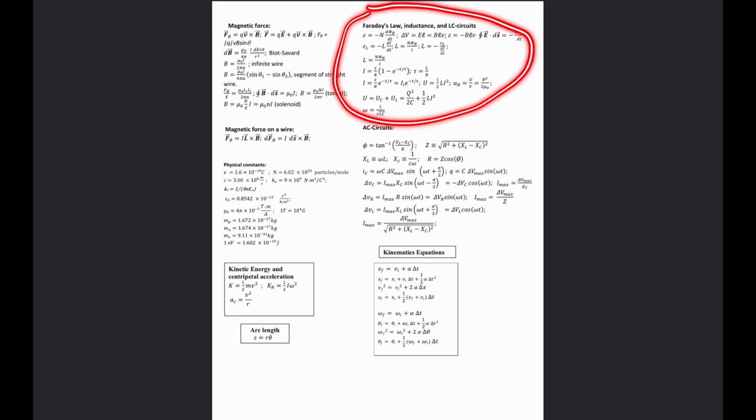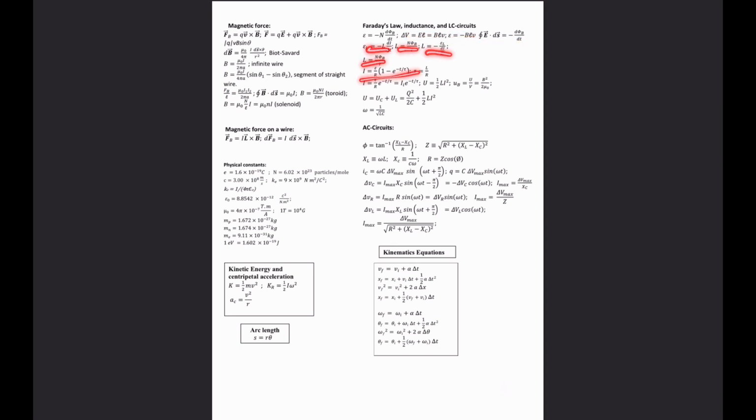Right here we have Faraday's law, inductance, and LC circuits. So we have one equation here, another one here, another one here, and another one here. 4 equations, 5, 6, 7, 8, 9, 10, 11, 12 equations. These guys have epsilon in it. Epsilon means voltage or electromotive force. You have some L's over here, which is inductance.